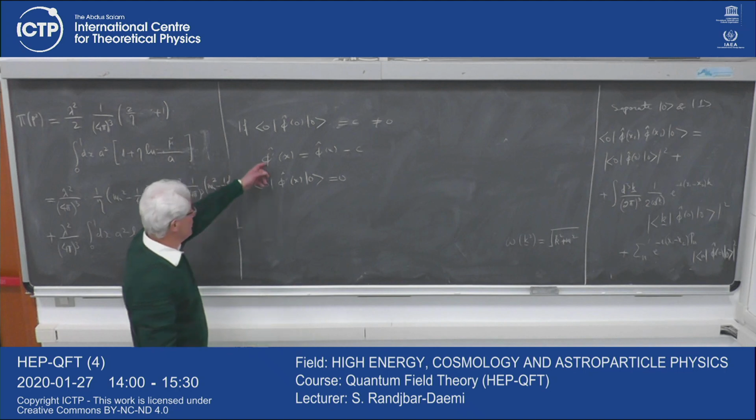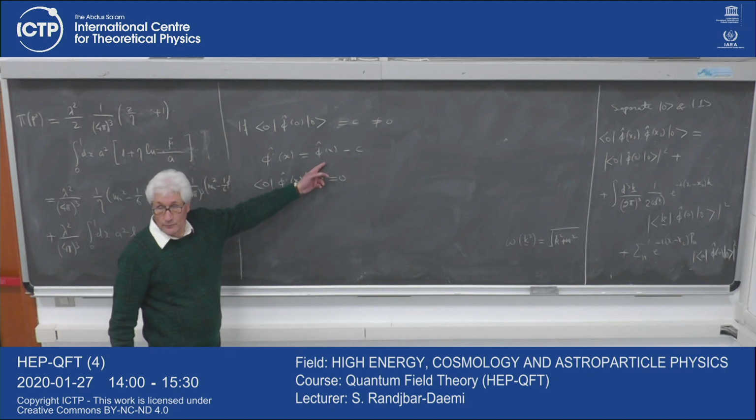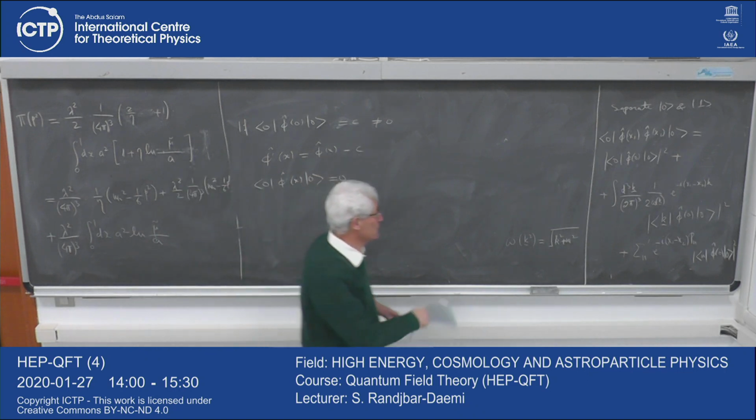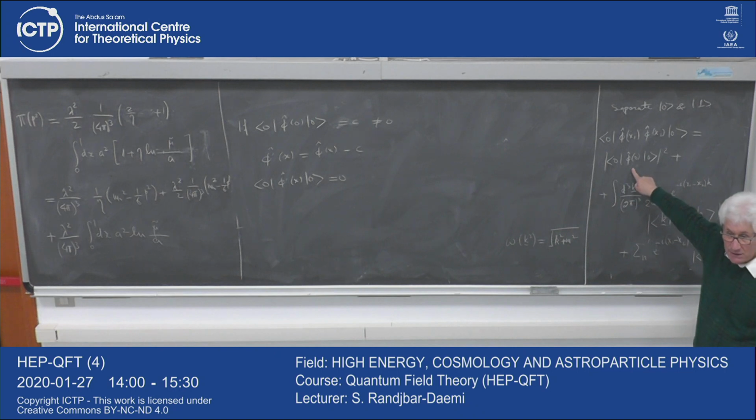And then I will use this operator to work everywhere, not that one. Okay? So we just drop this because we can make it vanish by simply shifting the operator phi.